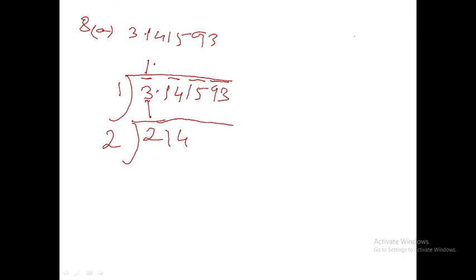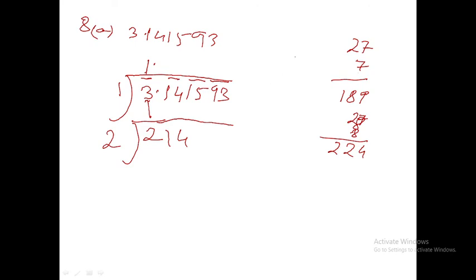If I multiply 27 by 7, what we get? We get 189. If I multiply 28 by 8, we get 224. So highest is 7.